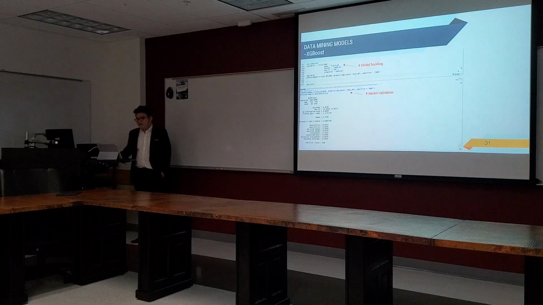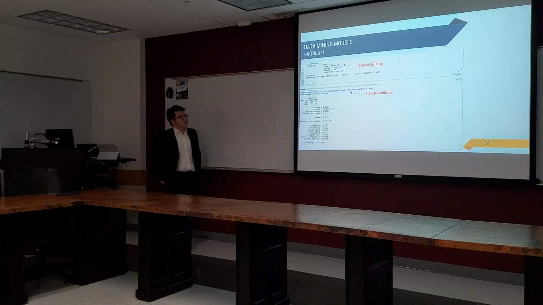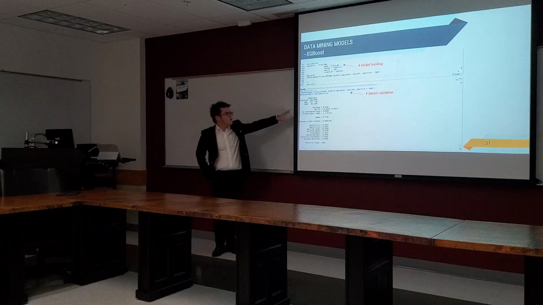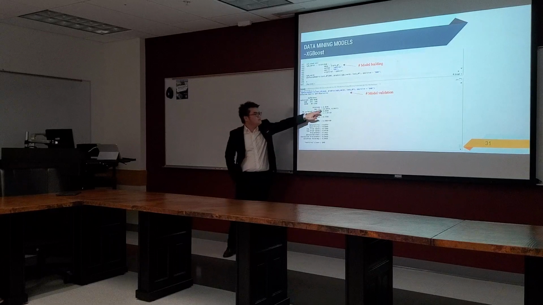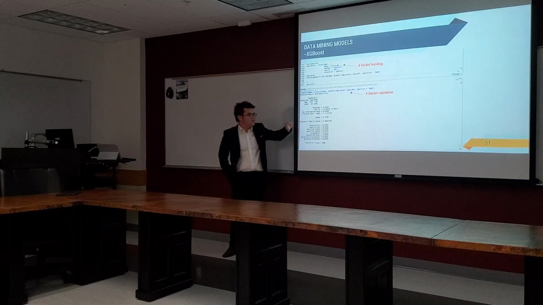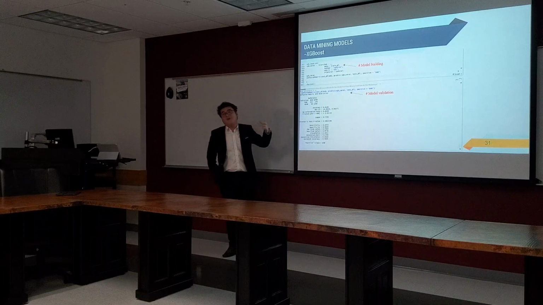The same thing happened. I applied the model, built it, and got the model validation. You can see right here the accuracy rate. With this model, it varies sometimes from 91% up to 94%.